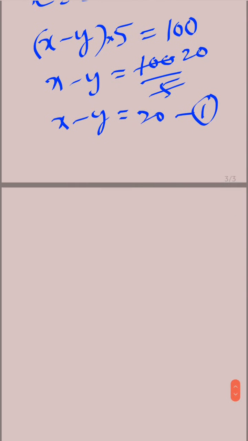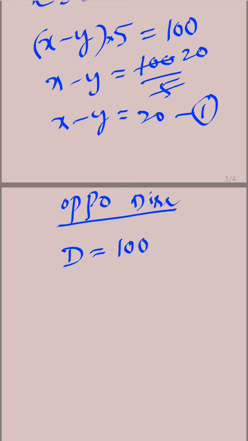Now the opposite direction. If the cars are traveling in opposite directions, toward each other, there is no change in the distance, it is 100 kilometers, but they meet at 1 hour. But what is the relative speed?